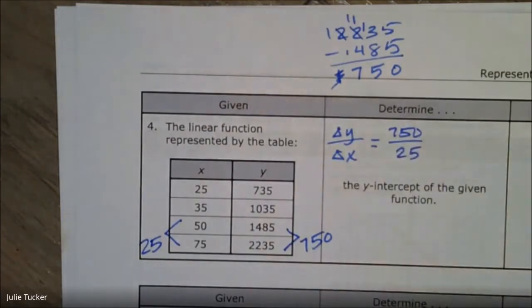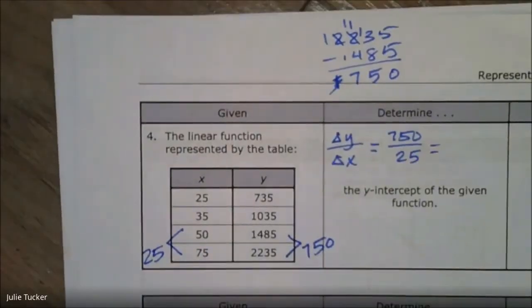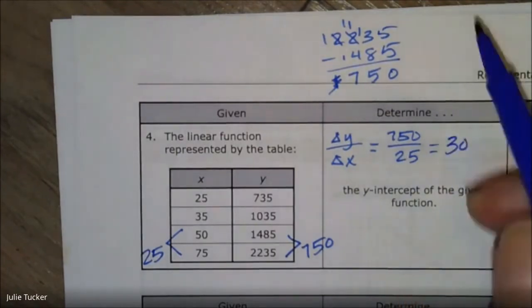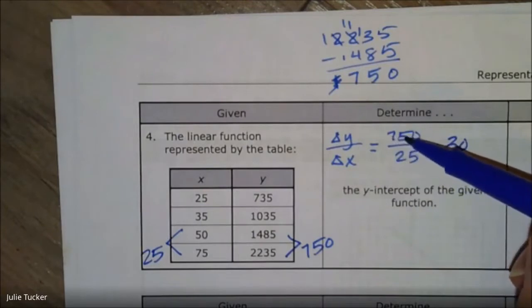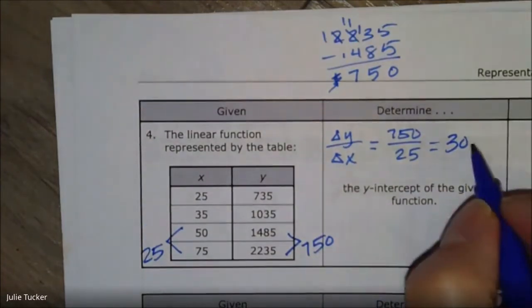Okay? Yep. So 750 divided by 25 is 30. Because doesn't 25 divide into 75 3 times? And then you just put the 0 on the end. Okay, so that's our slope. That's our m.